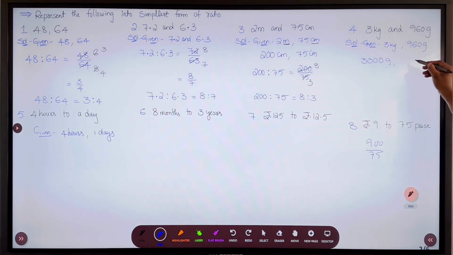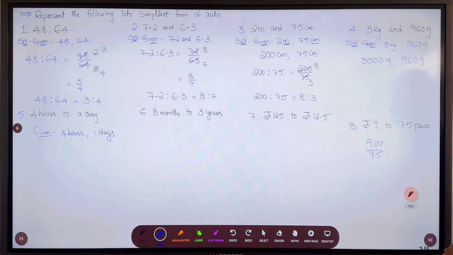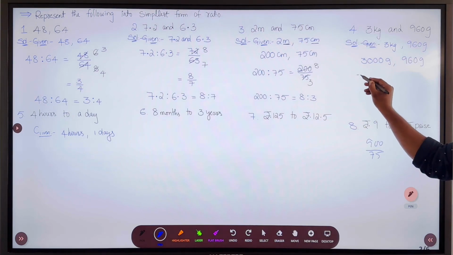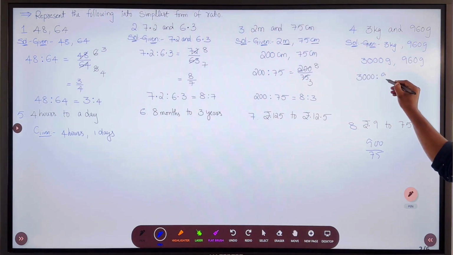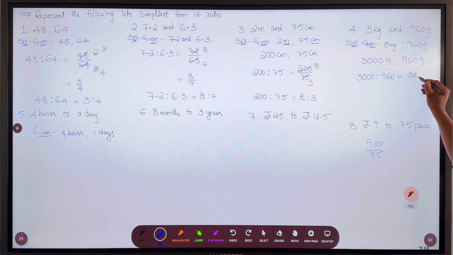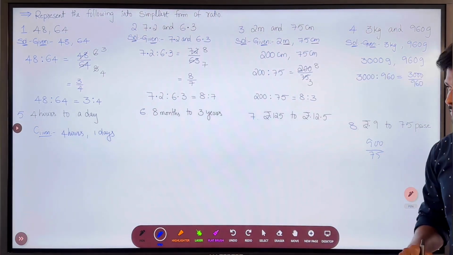Next, 960 grams. For these two, we need to find the ratio, which means 3000 is to 960. After writing in the same units, then find the ratio. 3000/960. Will you cancel it yourselves? Cancel and place the answer.